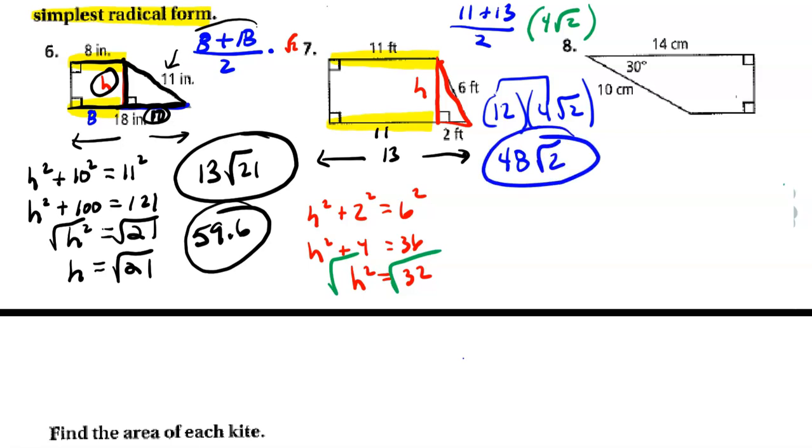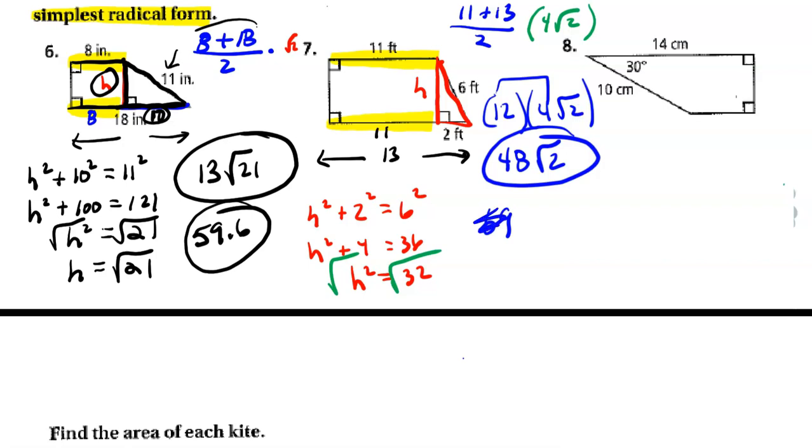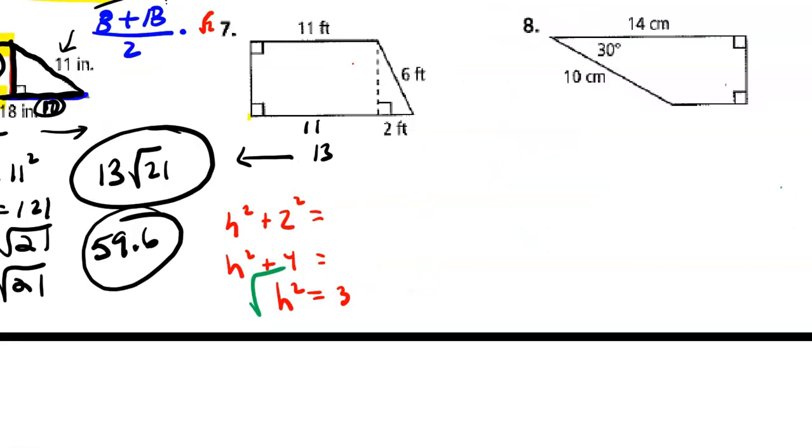Now, if you do it the decimal way, you're going to end up with 48 times radical 2, which would be 67.9. So if you did it the other way, you're going to get 67.9. So either one of those answers would work.